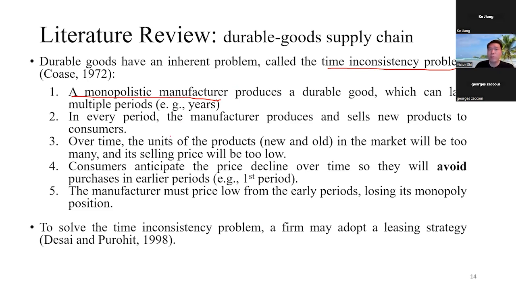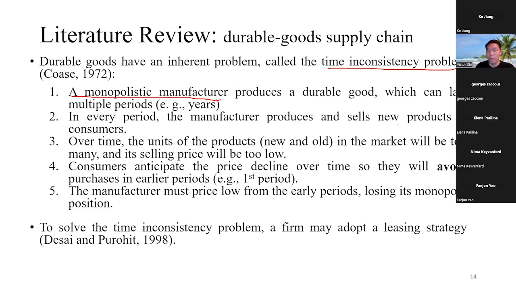Then in every period, the manufacturer is going to produce and sell some new products to consumers, right? Suppose this year I produce, say, 1,000 units. Next year, I will also produce 1,000 units. And the third year, I also produce, say, 1,000 units or maybe 800 units. So over time, the units of the products in the market will be too many, and the selling price will be too low.